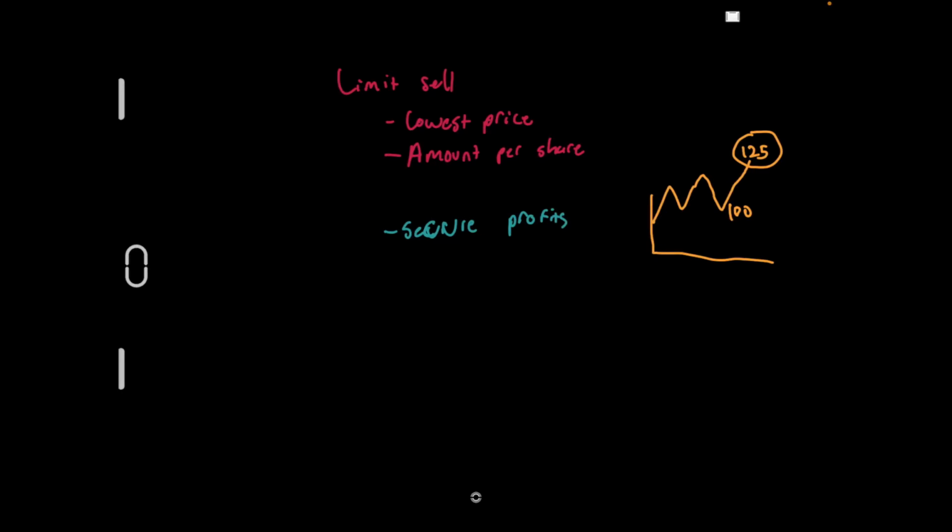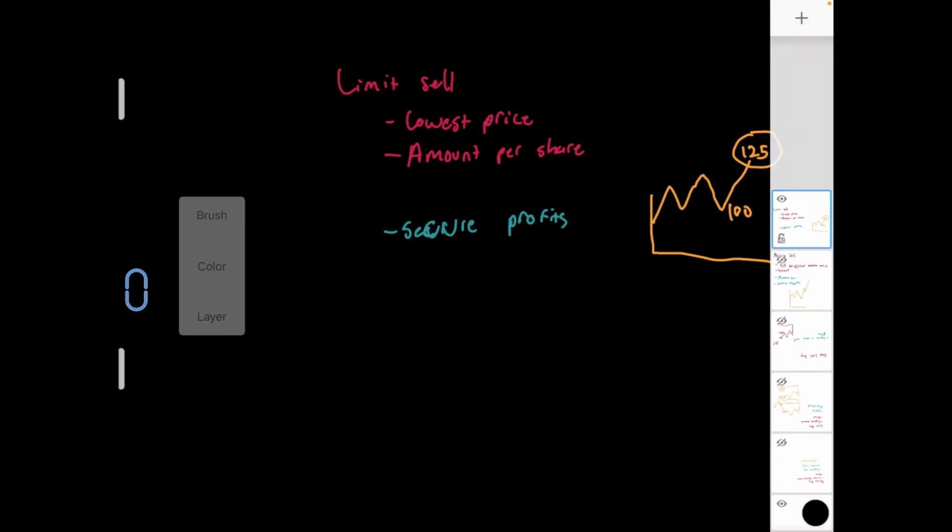You should also use this because sometimes investors believe that the stock will rise to an extent in the future, but they think that the stock will drop after the rise, which is why a limit sell is sometimes really useful.